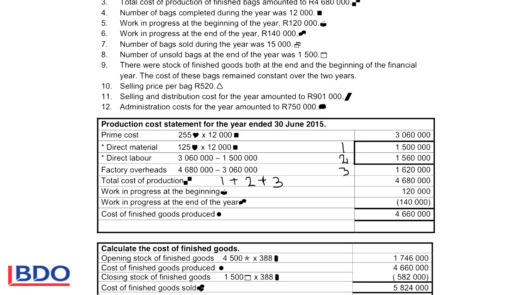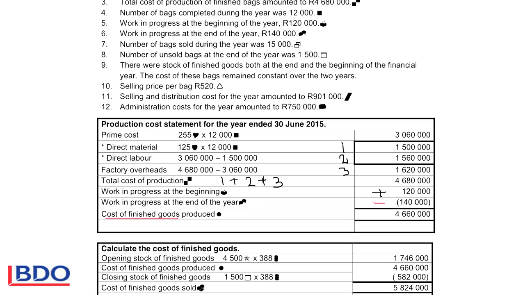So the work in progress at the beginning of the year will be added to your cost of production because it will be finished by the end of the year, so it will form part of your cost of finished goods. And the work in progress at the end of the year that you didn't finish, you will subtract because it does not form part of your cost of finished goods.